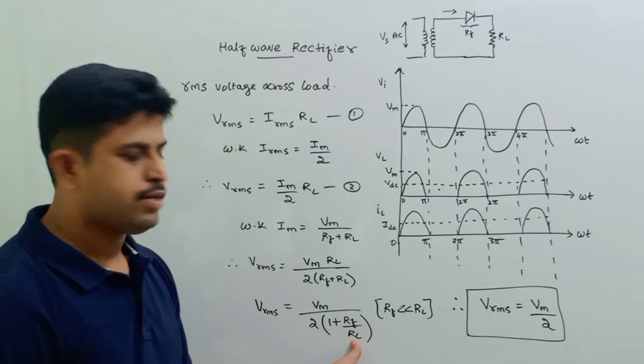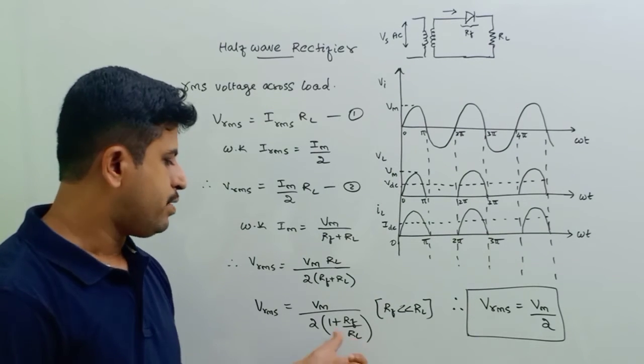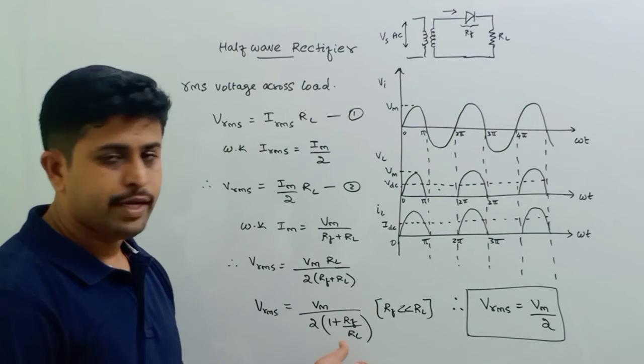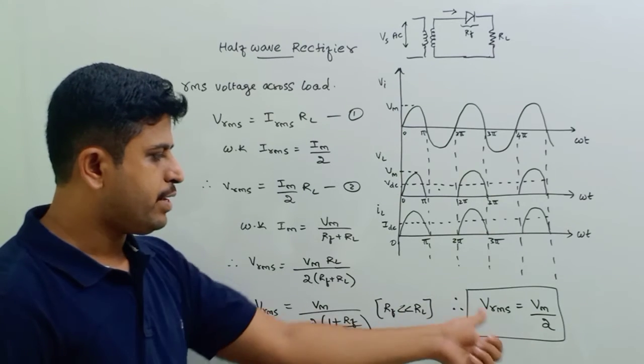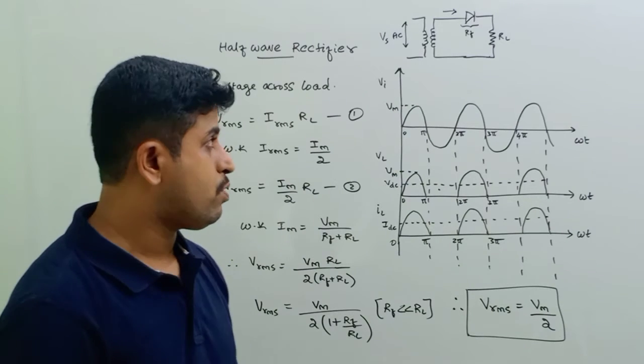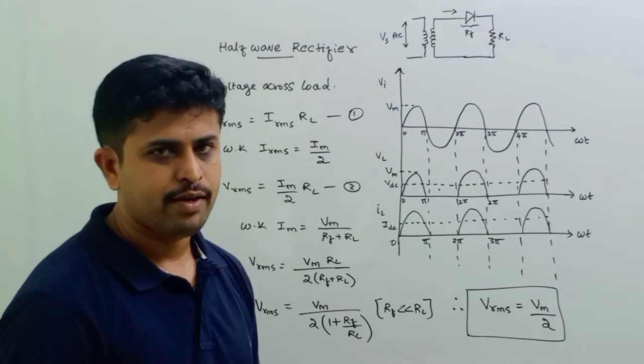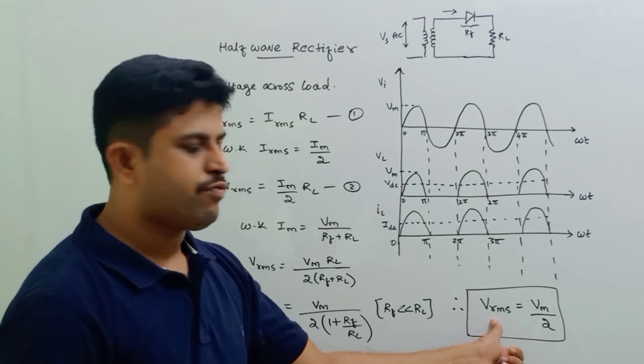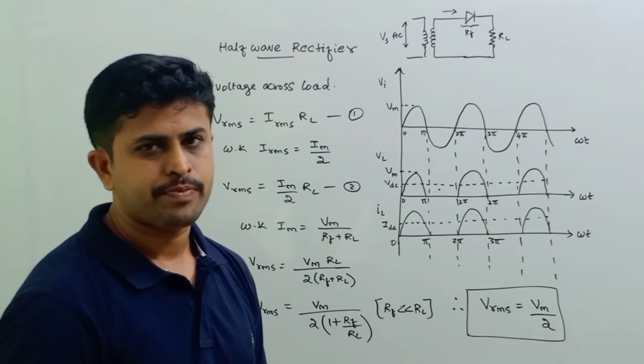Therefore, this term becomes 0, and 1 into 2, it remains 2 here, and finally we get the expression for the RMS voltage across the load of this half-wave rectifier, that is Vrms equals Vm by 2.